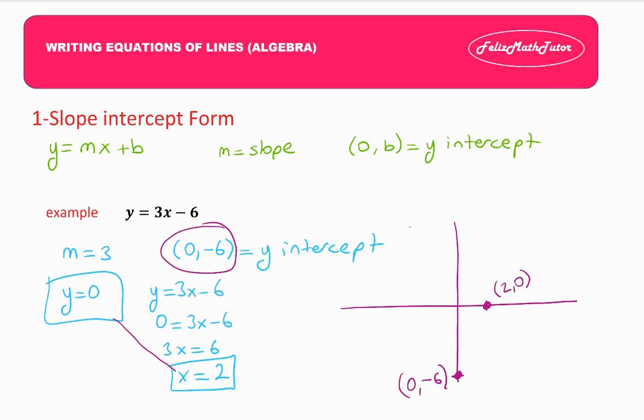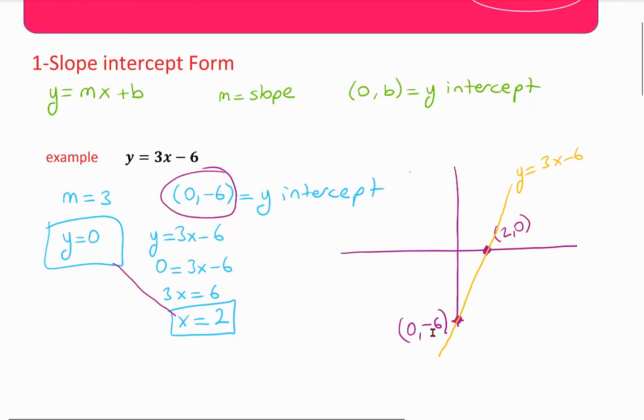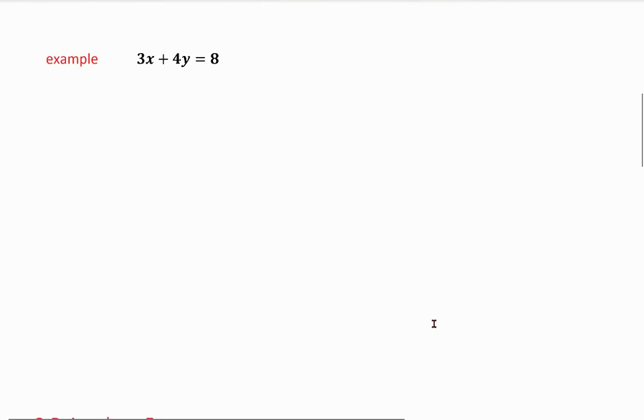When I use these 2 points, I can graph my line. So let's start from this point here. Okay, so this is my graph of y equals 3x minus 6.